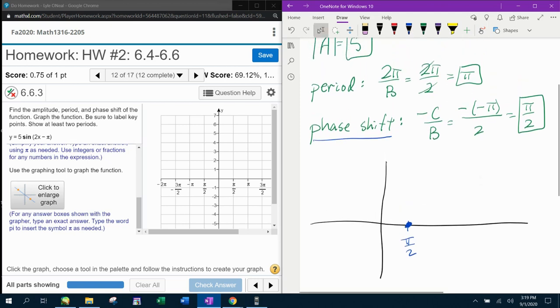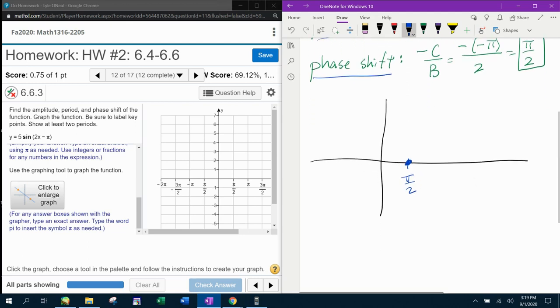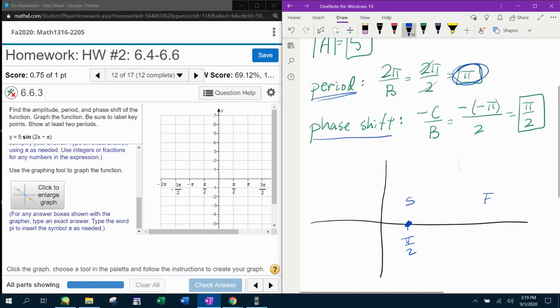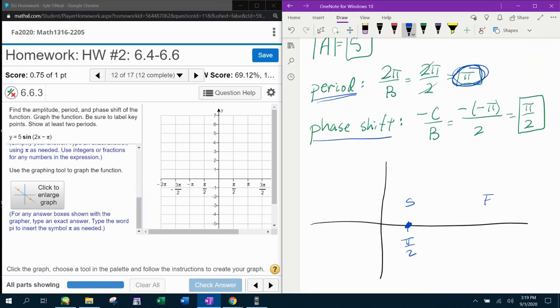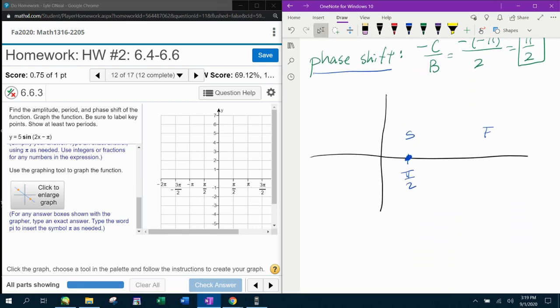Step number 3 is the wavelength, which is the period, okay? So I need to travel a distance of pi from start to finish. And I'm starting at pi over 2, and I need to travel a distance of pi. So here's my question to you.